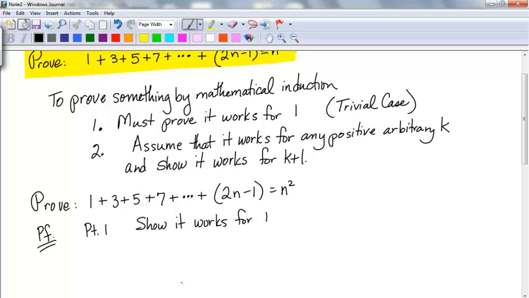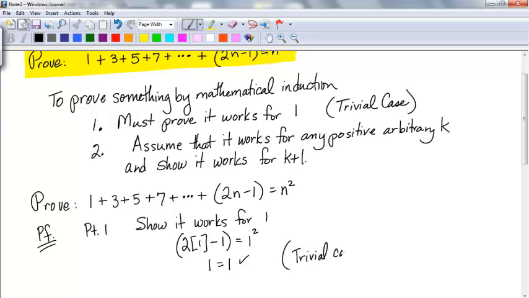To show it works for 1, on the left side you just substitute in 1. So if you put in 1 there, you're going to have 2 times 1 minus 1 equals 1 squared. So 2 minus 1 is 1, and 1 squared is 1. Checks. That's why it won't take much to show it works for the number 1.